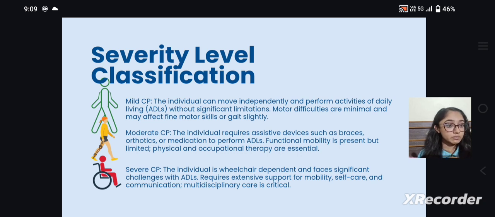Functional mobility is present, but it is limited. Physical and occupational therapy are essential. Then severe CP. The individual will be wheelchair dependent and faces significant challenges with ADLs. Requires extensive support for mobility, self-care and communication. Multidisciplinary care is critical.